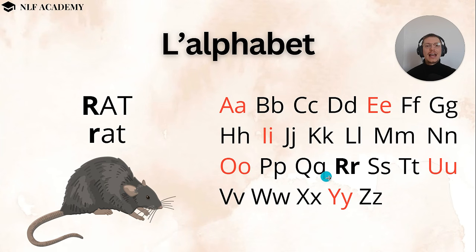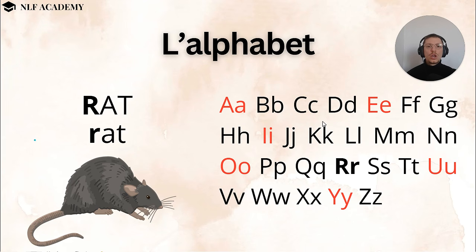R. R is one of the difficult sounds to make in French for a lot of people. So I want you to keep in mind two things. First of all, R is a sound that you can keep doing in time. Okay? It's not an explosive sound.